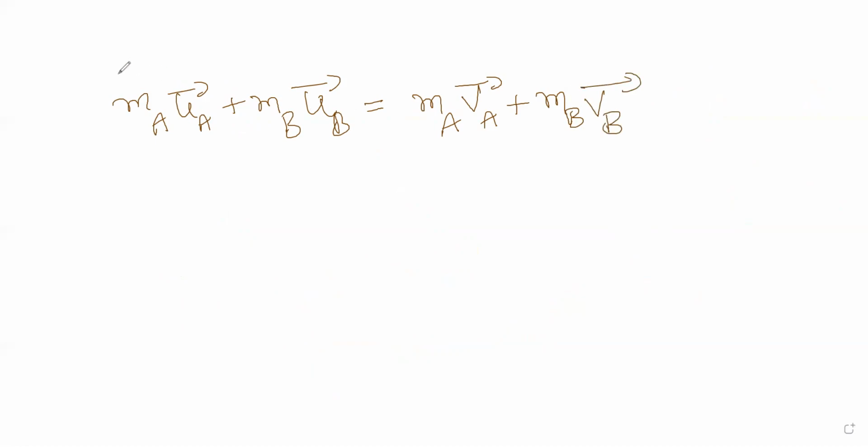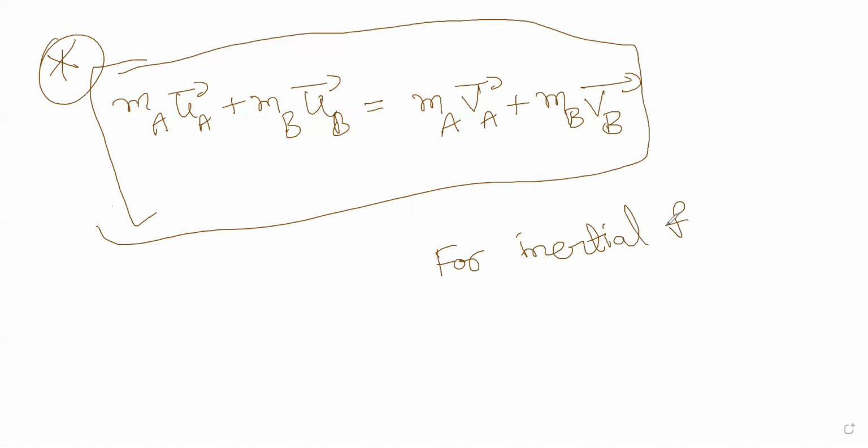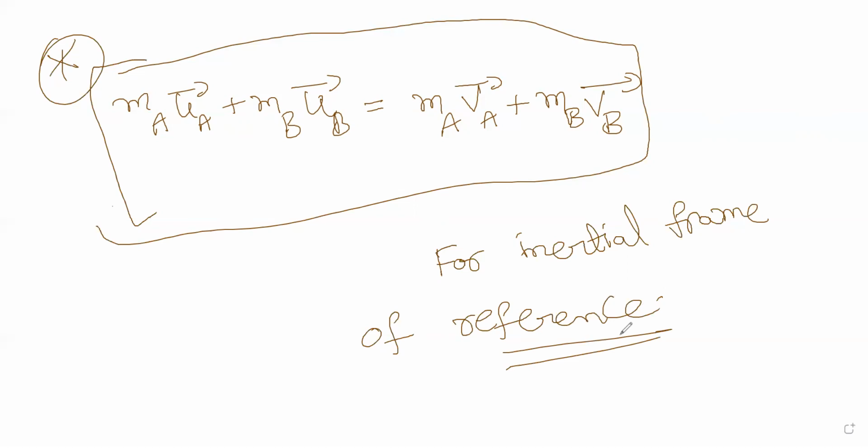So this is about conservation of momentum. No external force acts on the system, so you can write up this equation. Initial total momentum is equal to final total momentum. So this is how you can write. Alright. This is done for inertial frames of reference only.